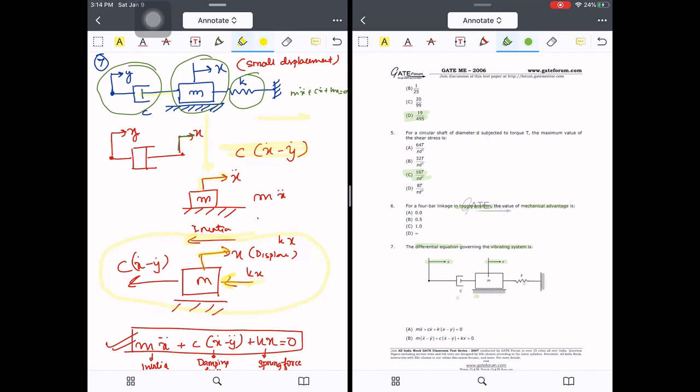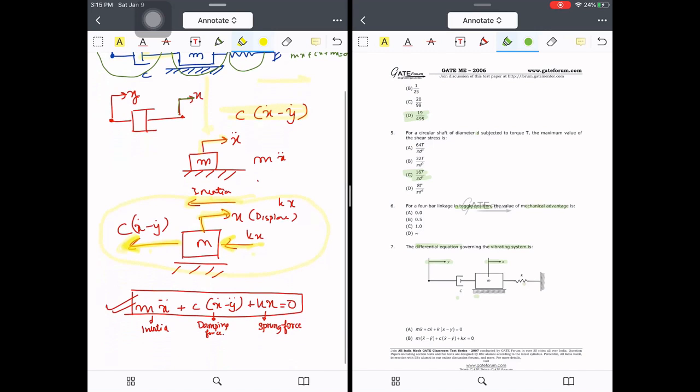If you give a small displacement here, the spring force is trying to push the mass in this direction. The damper is trying to come to its original configuration. Therefore, in the mass you will find the damper force is acting in this direction. So the spring force is pushing the mass in this direction, then the damper is retrieving its original configuration, therefore the force is in this direction.